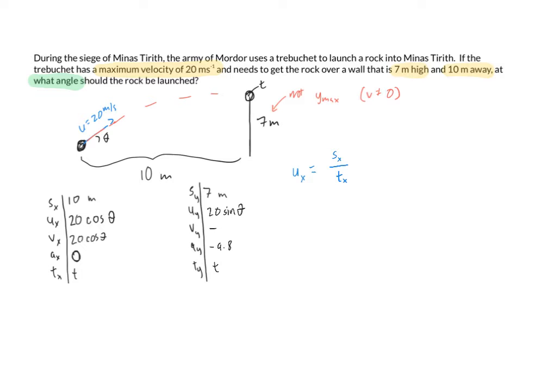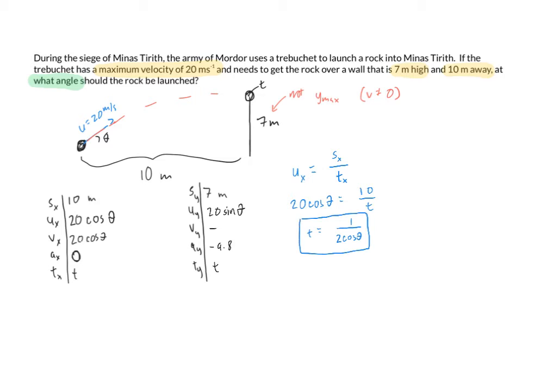And putting in the numbers from my table, I get 20 times the cosine of theta is equal to 10 over t. And if I solve this equation for t, which you can do on your own, I will find that t is equal to 1 over 2 cosine theta. And I'm going to go ahead and box that.